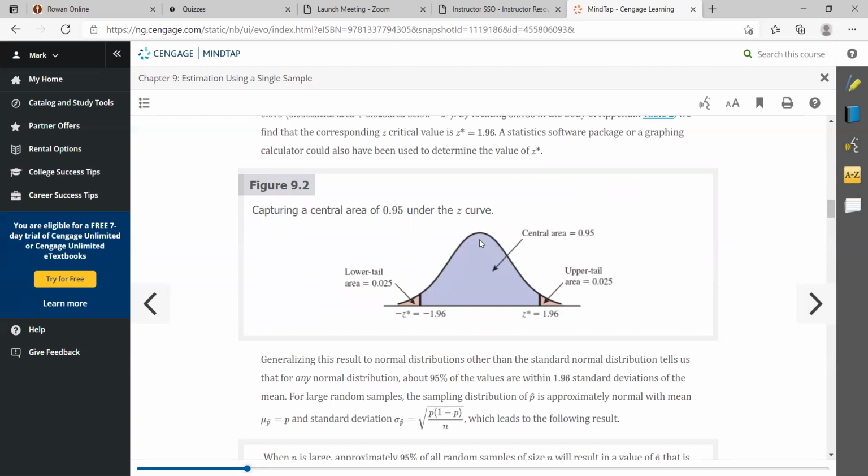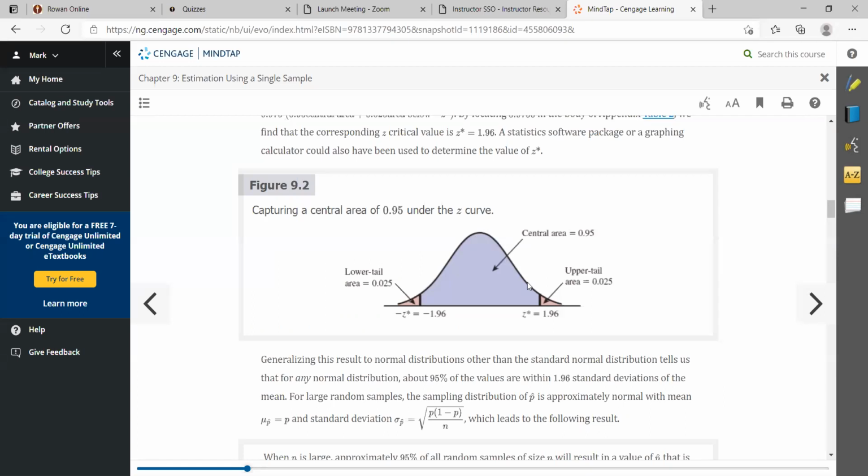So if your confidence level is 95%, the area in the middle is 95%, and that means the lower tail and the upper tail are each 2.5%, because there's 5% left. And the left tail and the right tail are equal to each other because this is a symmetric curve.